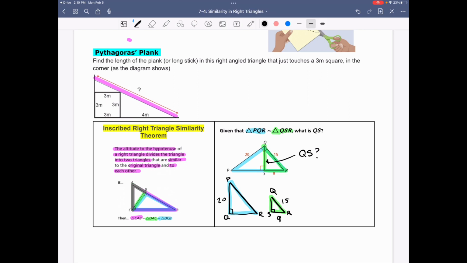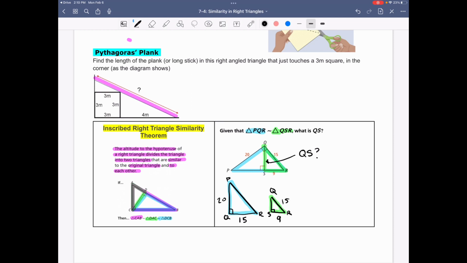Using what we learned yesterday about proportions, we can set up a proportion here to compare sides. What sides do we have that correspond? We do have this side, I'm sorry, we have 15, because Q to R is 15.